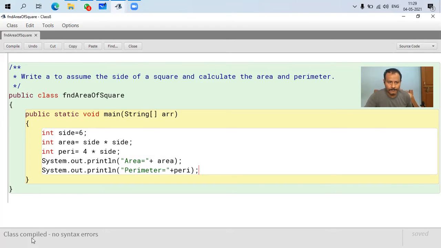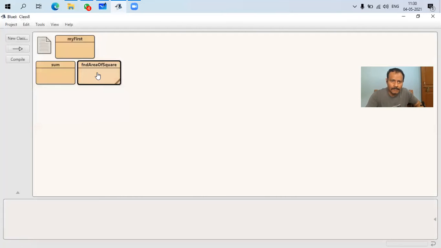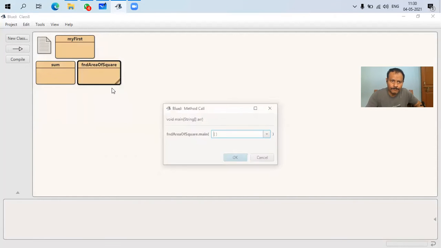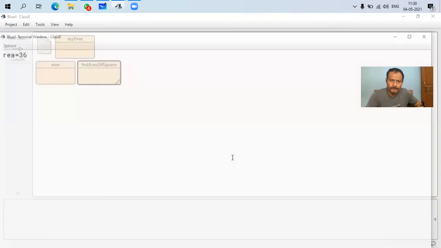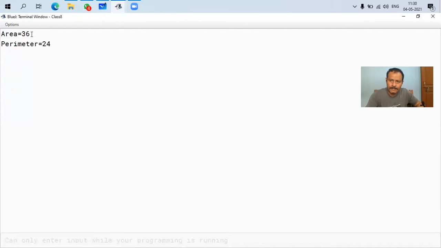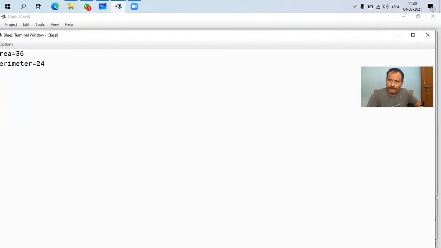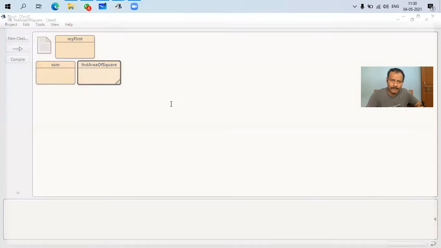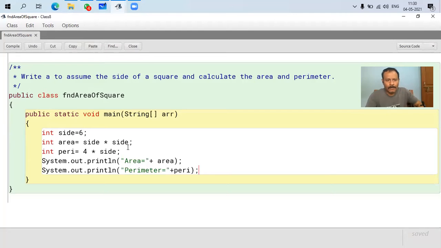No error. You can observe here, no syntax error. Close. Now execute. You can see the area is 36 and the perimeter is 24 because we had taken the side as 6 centimeter. Okay, now hopefully this is clear to everyone.